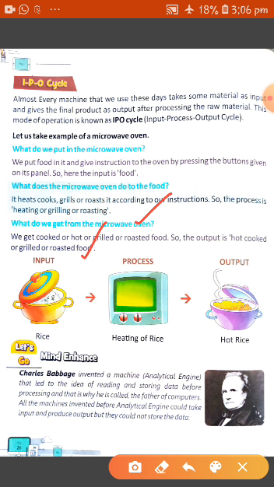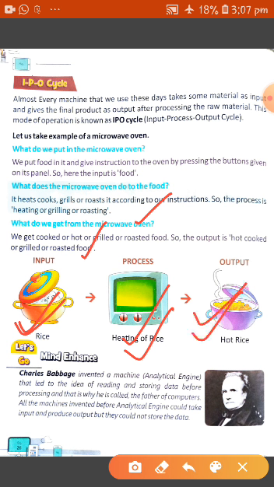Now, taking the example of rice. Rice is the input which we put into the microwave. What does it do? It heats the rice. And what do we get? We get hot rice.